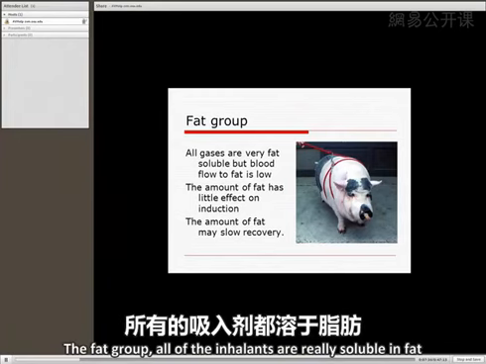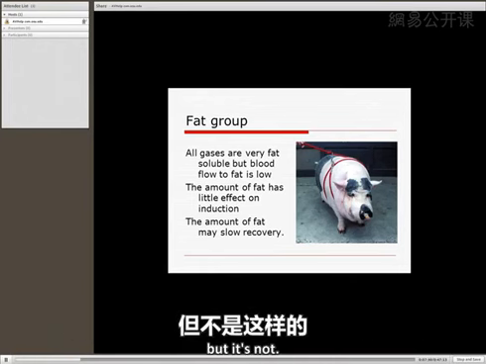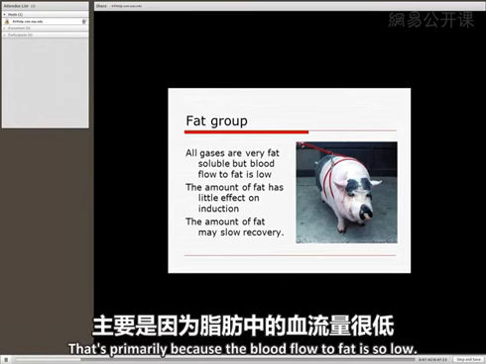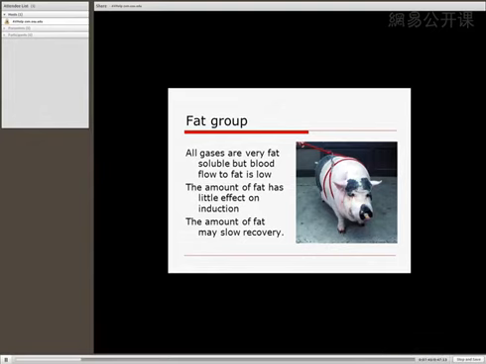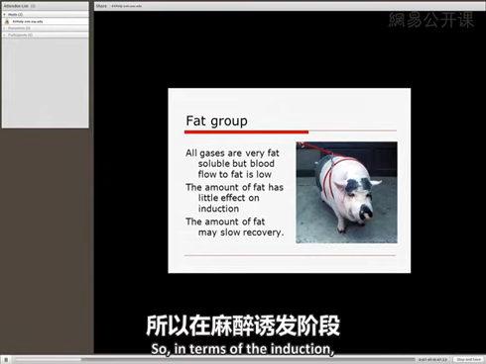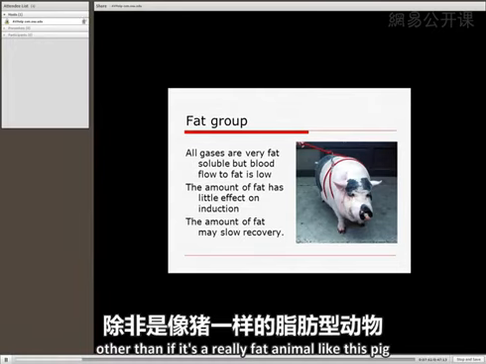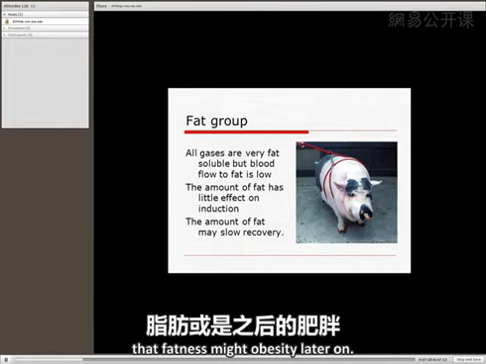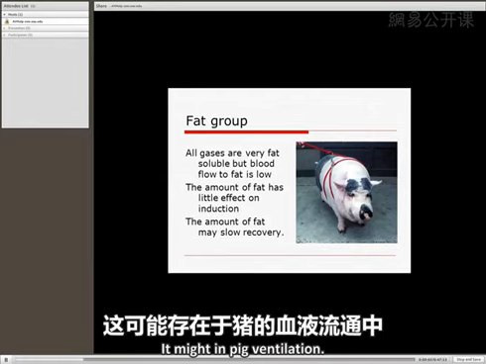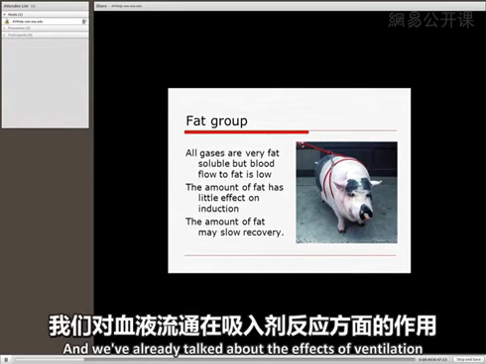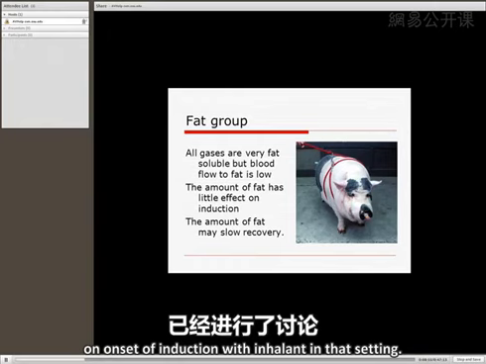The fat group: all the inhalants are really soluble in fat, so you'd think it'd be a big deal, but it's not. That's primarily because the blood flow to fat is so low. So in terms of the induction, the fat group doesn't play much of a role, other than if it's a really fat animal like this pig, that fatness, obesity, whatever, pigs can be obese, I suppose, might impede ventilation, and we've already talked about the effects of ventilation on onset of induction with inhalant anesthetics.